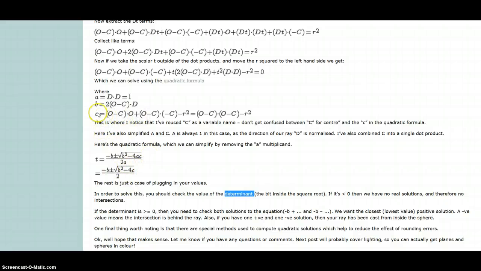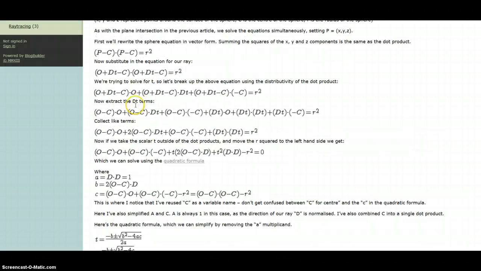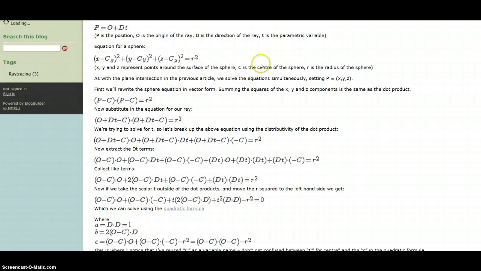You can find this here, and this A is formed by the dot product of D and D, where D is the direction of the ray, and also there's O. The O is the origin of the ray, and C is the center of the sphere, and also there's R, which is the radius of the sphere.